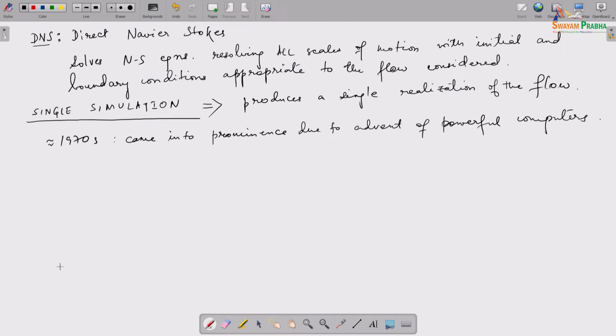And still it is really applicable only to low to moderate Reynolds number. That's important. So, DNS.